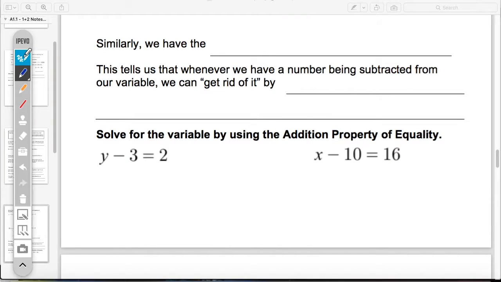Okay, so similarly to the subtraction property of equality, we have the addition property.